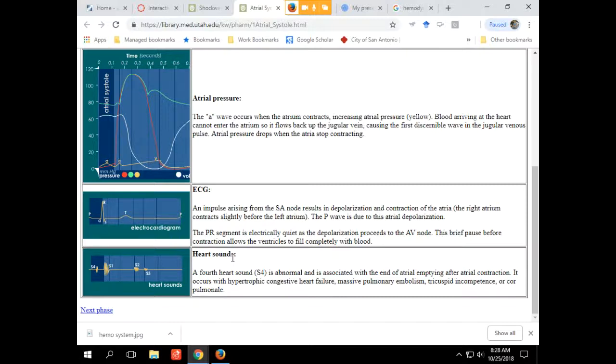Definitely turbulent flow from all the volume in there. More volume means it's going to echo a little harder, with more pressure, so you get more noise, which is not good. It's usually heart failure, things like that. Things are backing up.